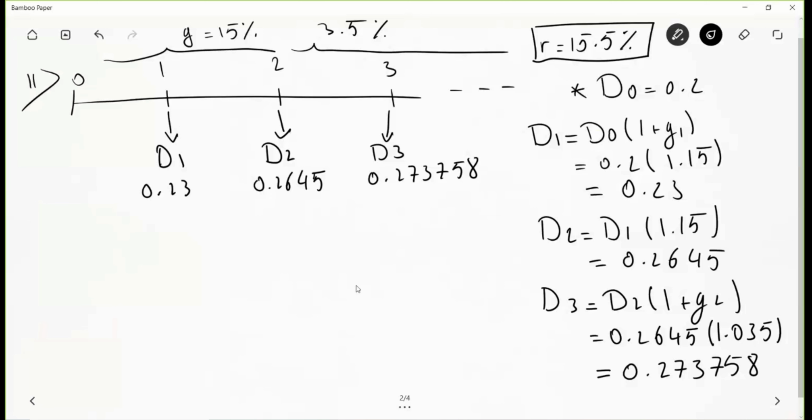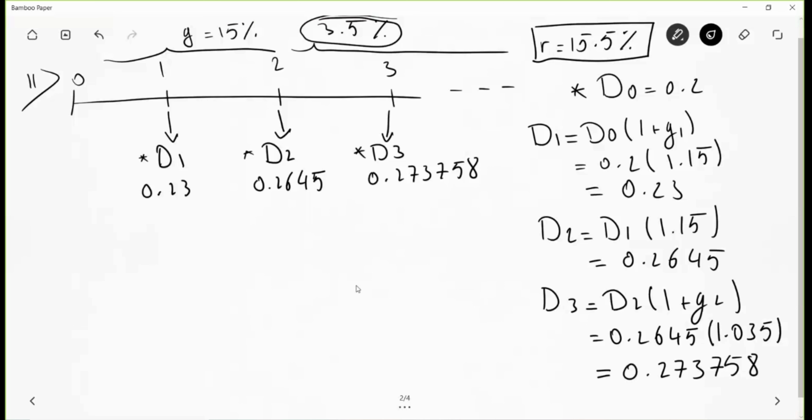Whenever I have a multi-stage growth model, the first step is to compute each and every dividend, like I'll compute D1, D2, D3, and so on, till I get to the first dividend at the constant growth rate. The constant growth rate is the 3.5% because this is the growth rate that will last forever. So in this case, I need to compute D1, D2, and D3. I will stop at D3 because this is the first dividend at the constant growth rate of 3.5%.